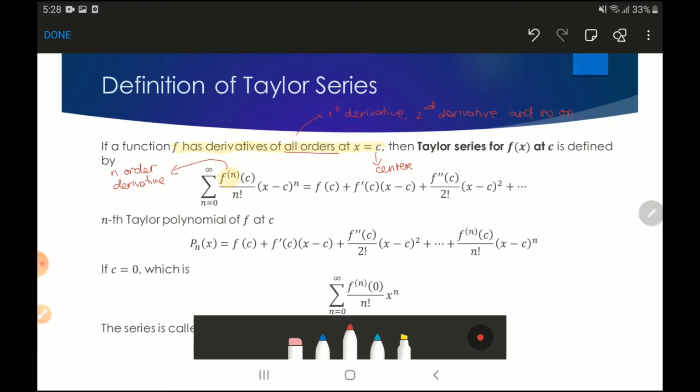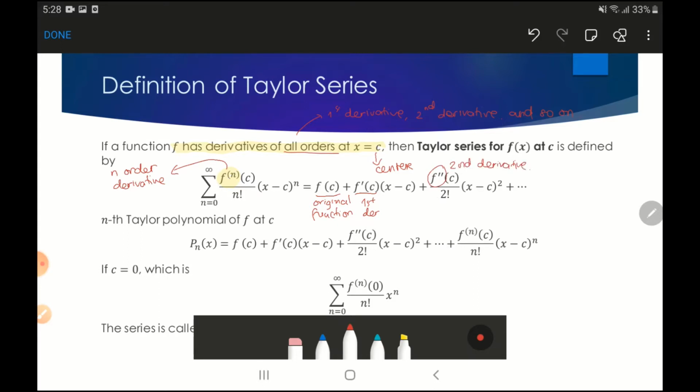So f(c) plus f'(c), which is the first derivative at our center, times (x minus c), plus the second derivative over 2 factorial times (x minus c) squared, and so on. This is our original function, this is the first derivative term, and this is our second derivative term, and so on.